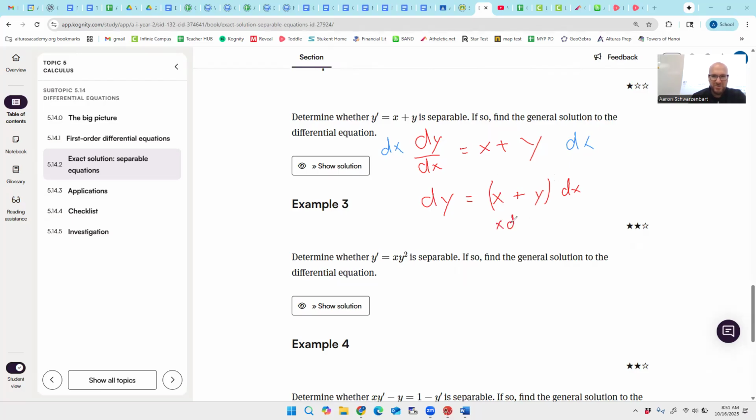I could always distribute, but I need to get y to the other side without moving a dx. So I could now subtract y dx, but I can't have dx over here. This is not a separable differential equation. I cannot get my y over to the left side without having a dx over there.